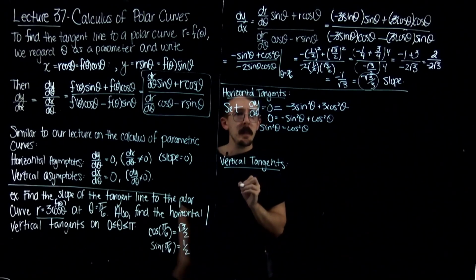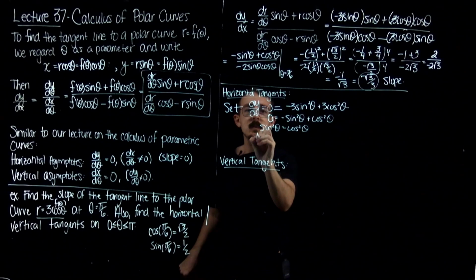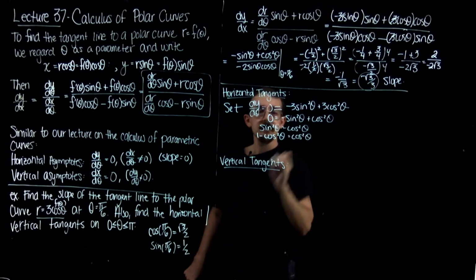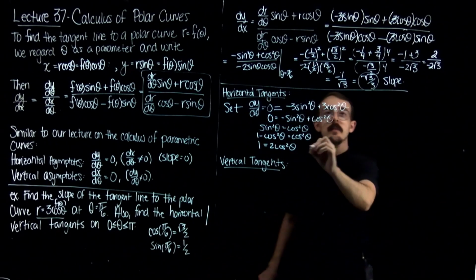What could I do here? Well, I'll convert the sine squared into 1 minus cosine squared. And then if I add the cosine squared to the other side, I get 1 equals 2 cosine squared. And I'll continue over here.